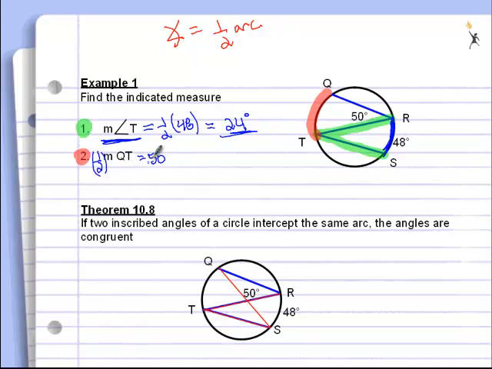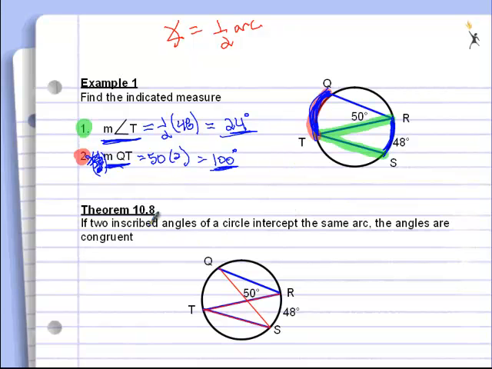If I multiply both sides by 2, the reason I'm going to multiply by 2 is to get rid of this fraction. You multiply to get rid of a fraction. If I multiply both sides by 2, the fraction will go away. 50 times 2 is 100. And I find out that the measure of arc QT is 100 degrees. Hopefully that's not too tough to understand.